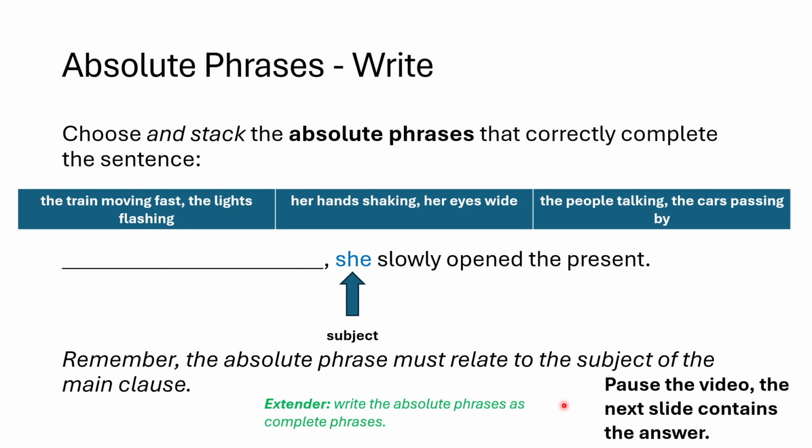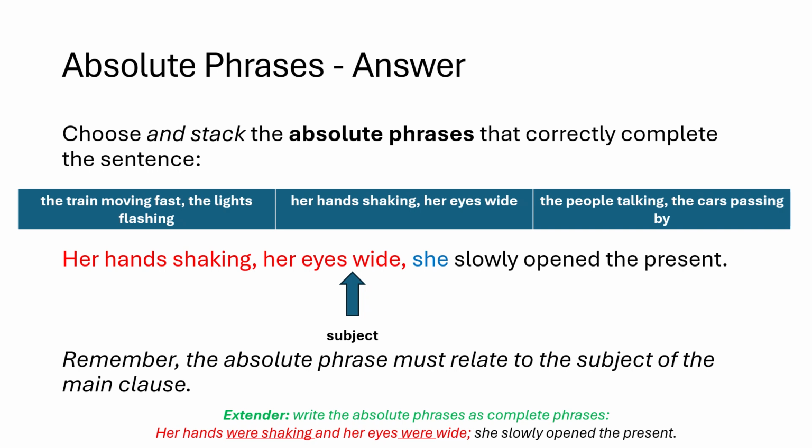The next slide contains the answer. Check your answer. Her hands shaking, her eyes wide. She slowly opened the present. Here is the answer to the extender. Her hands were shaking and her eyes were wide. She slowly opened the present.